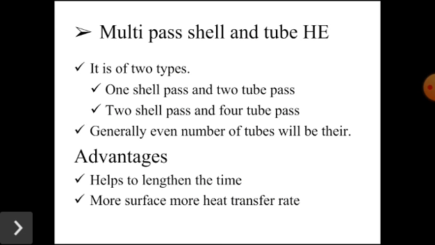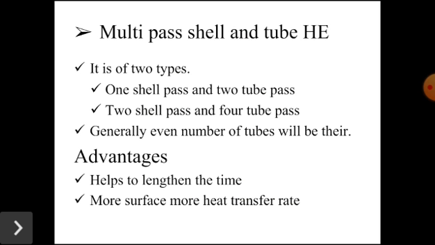It means there will be two U-like tube features in this. If we look at two shell pass and four tube pass, there will be two shells and four tube passes.